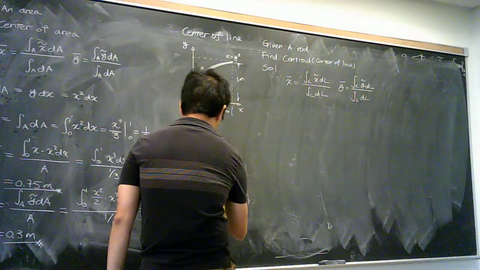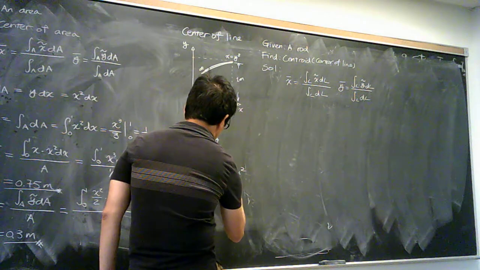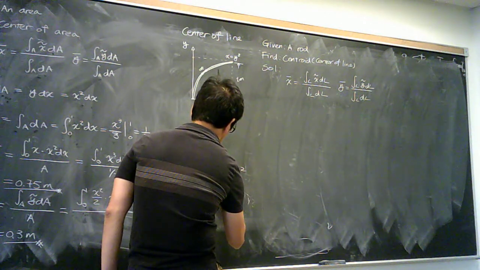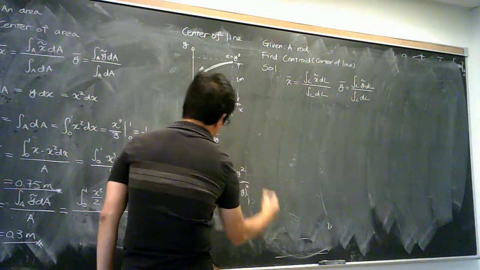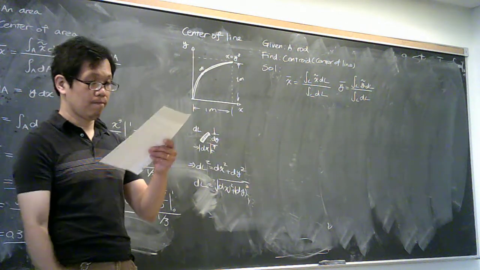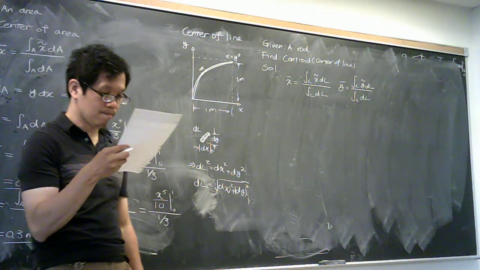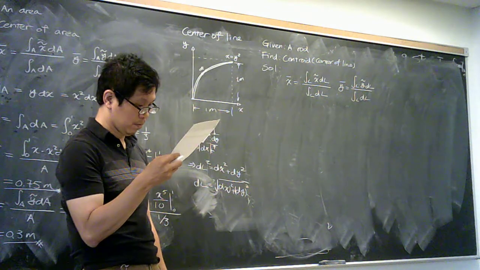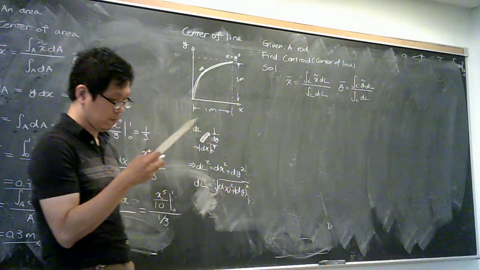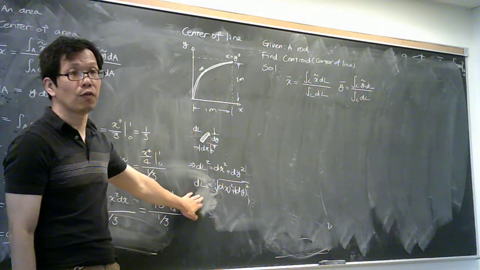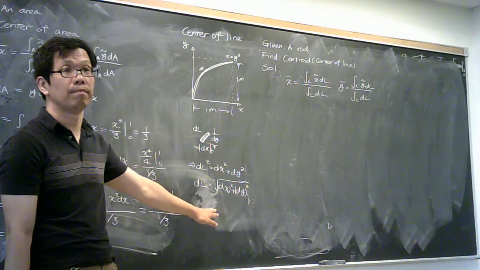Or we can say dL equals the square root of dx squared plus dy squared. So far, everybody okay with the representation I'm having over here?